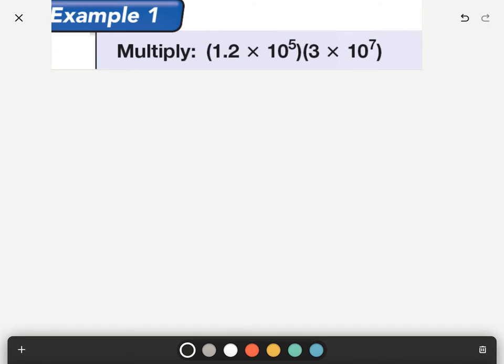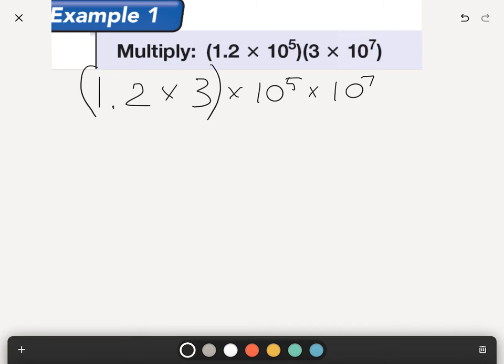Now, because of the commutative property of multiplication, we could just rewrite this like that, right? And then maybe just slap a couple of parentheses here for clarity.